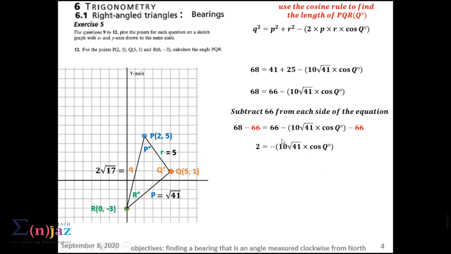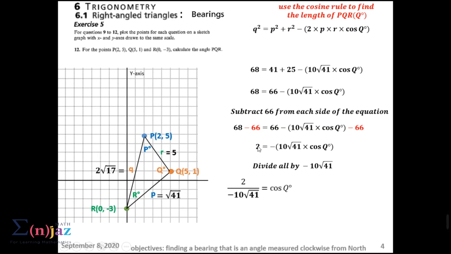Now we're going to get rid of negative 10 square root of 41. How? We apply the opposite operation. What is opposite to times? Divide. So we divide each side of the equation by negative 10 square root of 41.